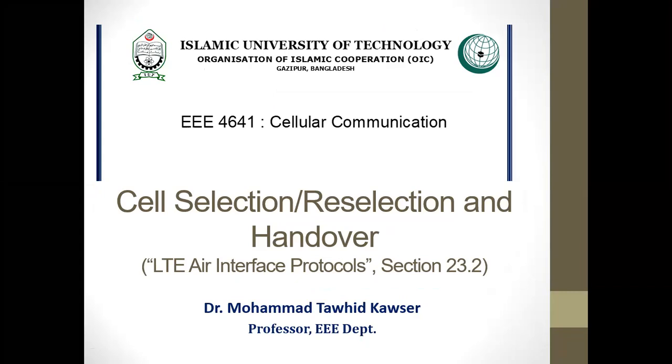Cell selection is, as I said, that when you first camp, you select a cell and then you camp on it. So how do you select? Actually, we talked about a few things like that to make sure that this key element is correct. In most cases, that key element will be the same. Your IMSI and the key element of the network, MCC, MNC. You also need to check the radio signal strength.